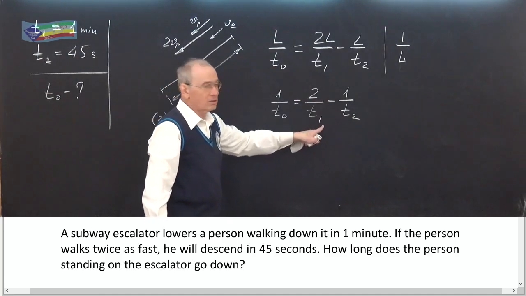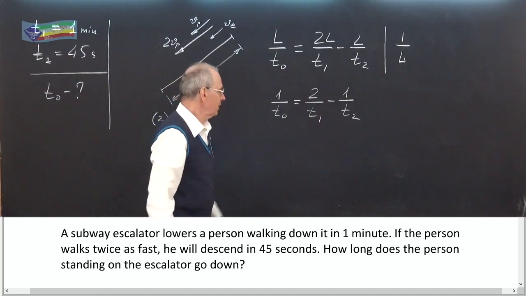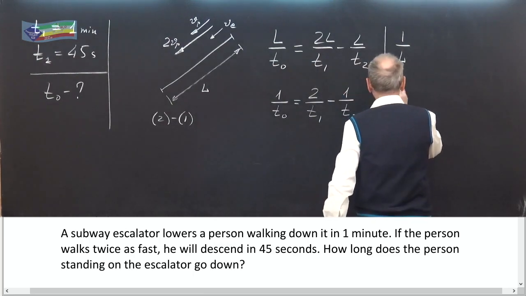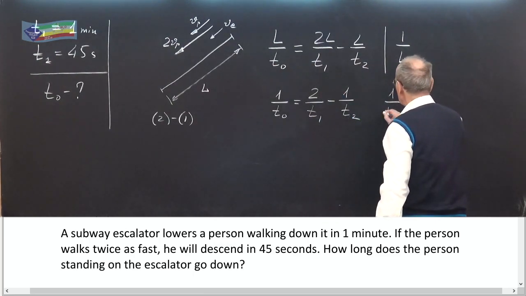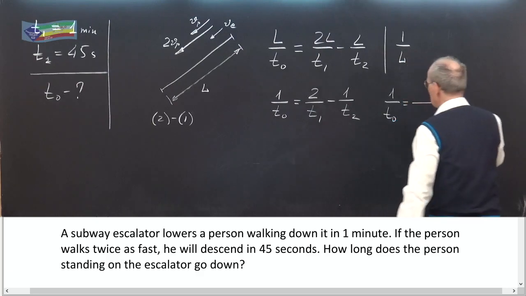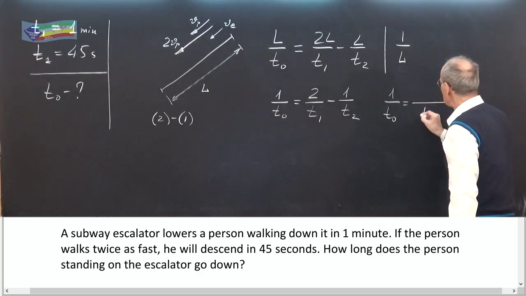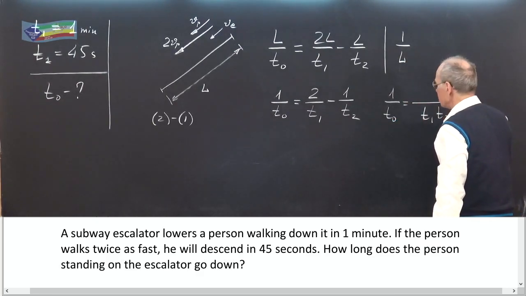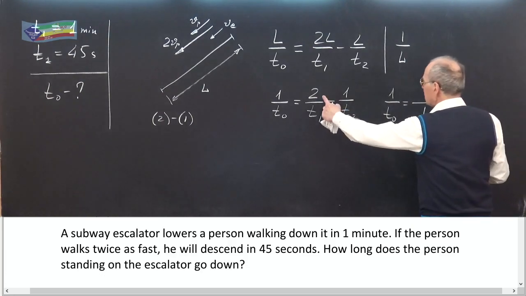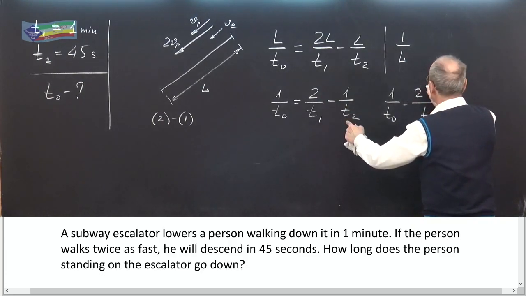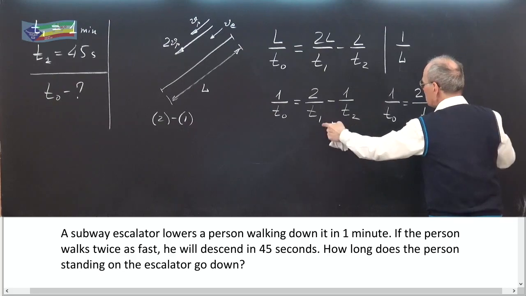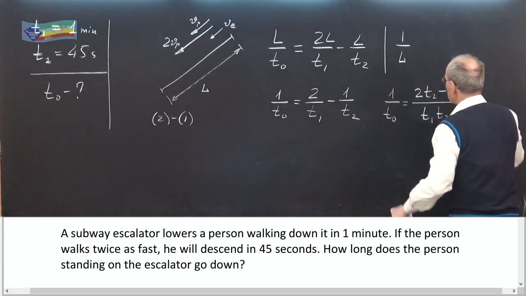Bring these two fractions in the right part to the common denominator. Unit over T0 equals, with the common denominator T1 T2, numerator doubled T2 minus T1.